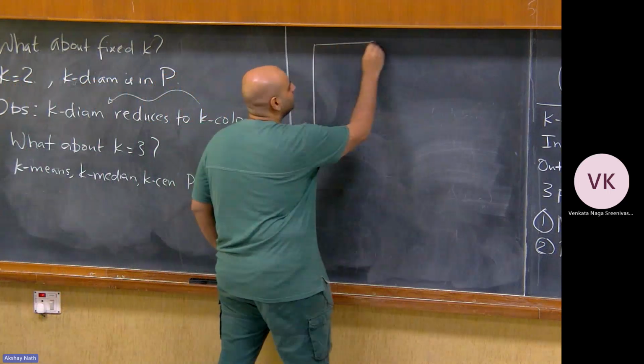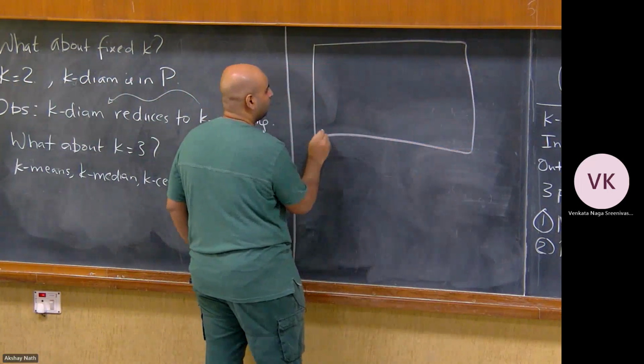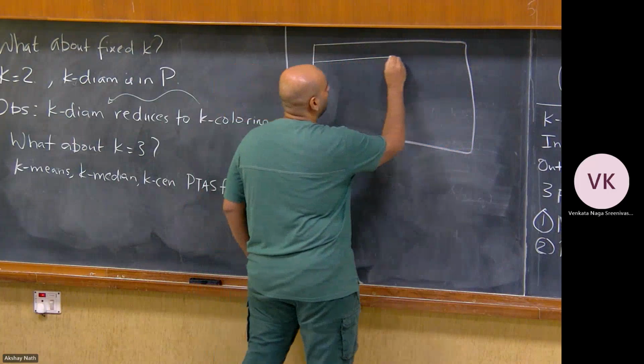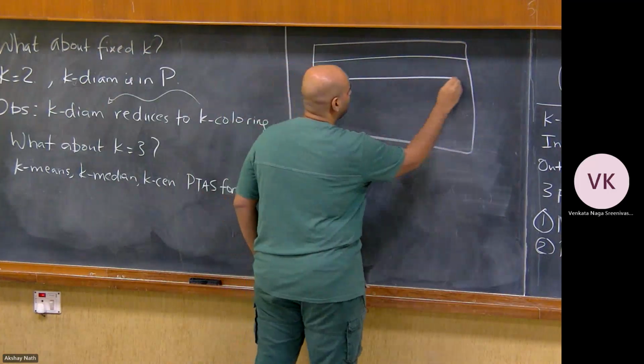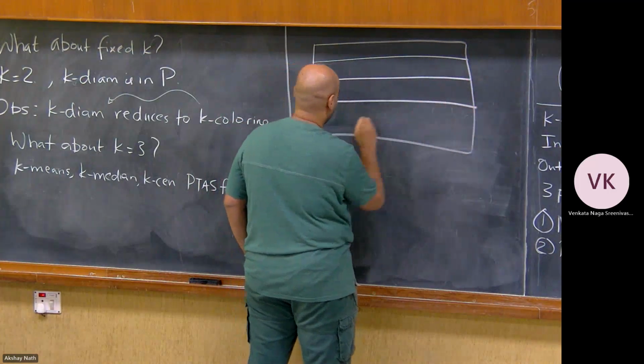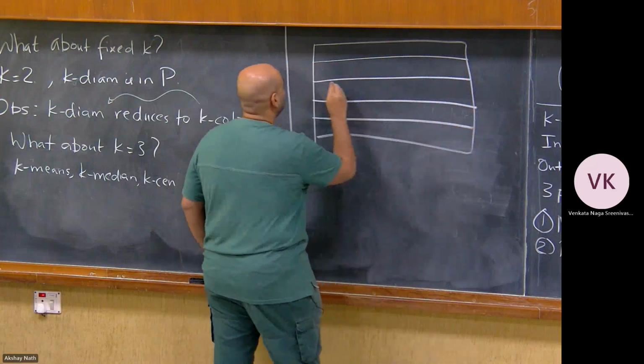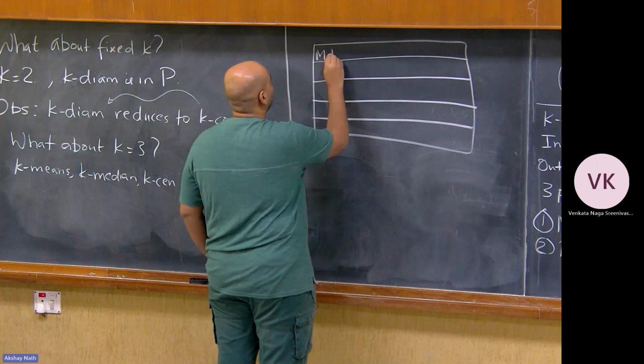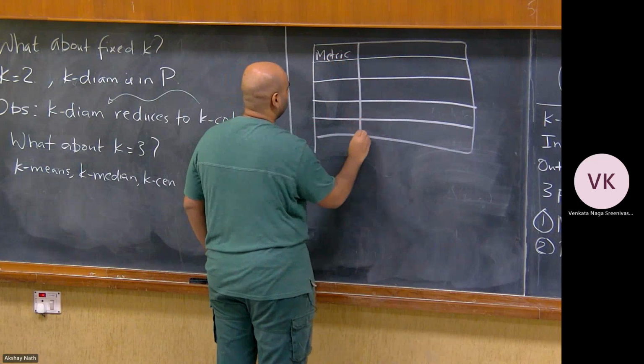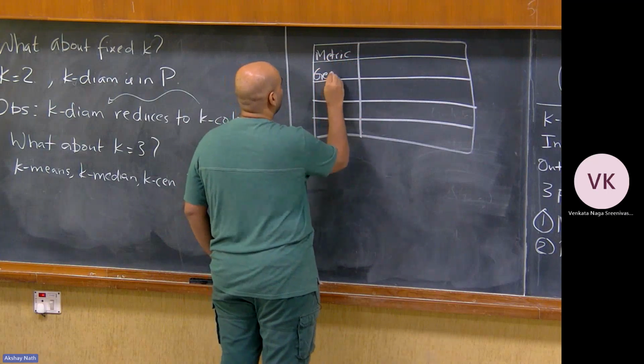So I'm going to draw the table. We have general metric, L infinity, L1, L2.